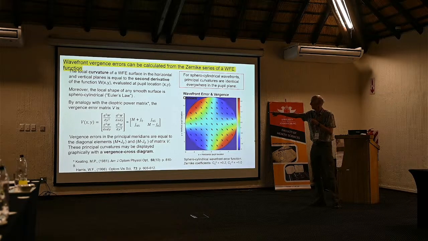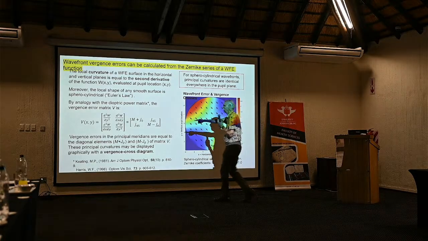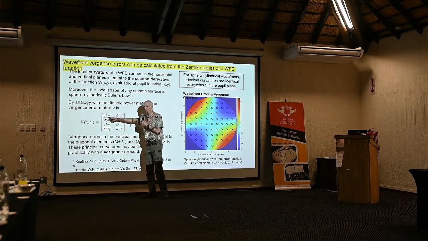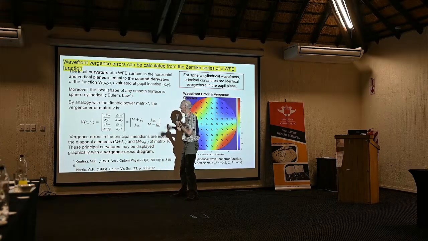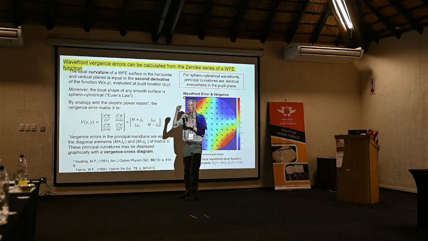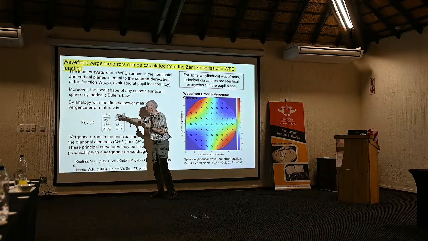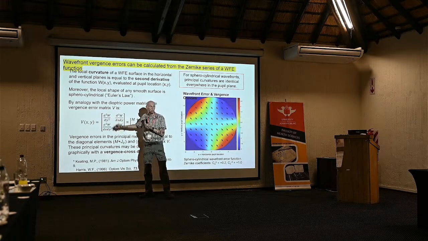That's just like the, what do you call it, dioptric power matrix? Yeah, the dioptric power matrix, and they use this all the time. It represents the second derivative.